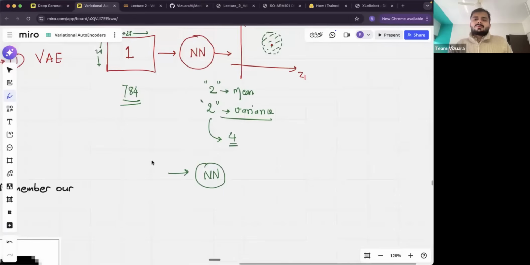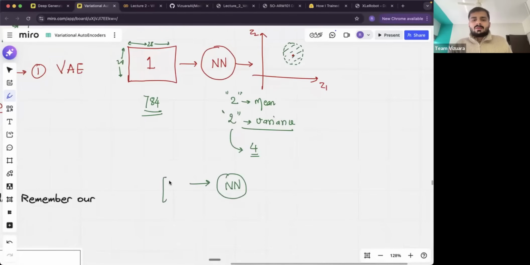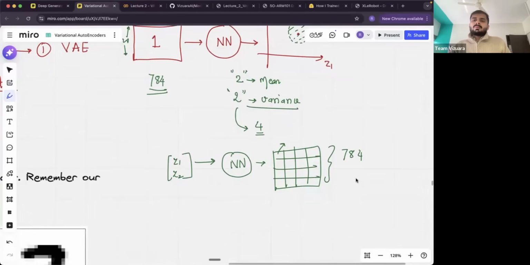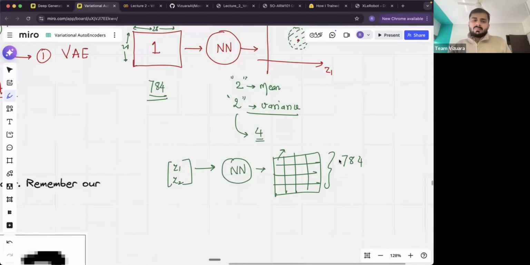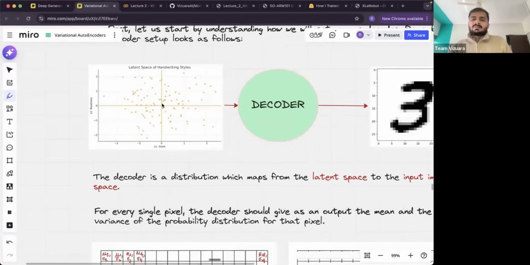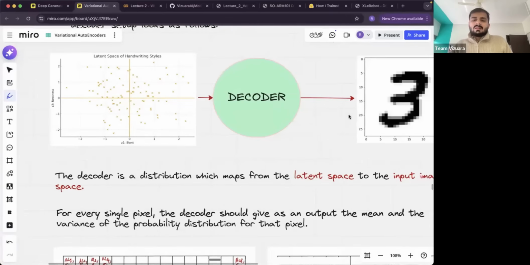It takes the values of Z1 and Z2, which are two values, and it predicts the 784 mean pixel values as the output. Here we are just predicting the mean, we are not predicting the variation at all. So it goes from 2 to 784 in the decoder. So we are going from the latent space to the actual space.